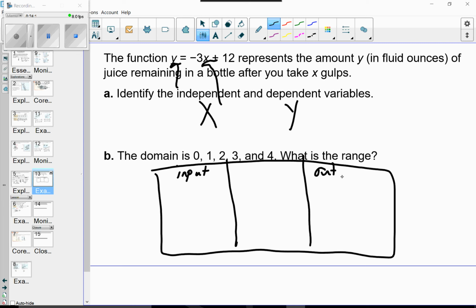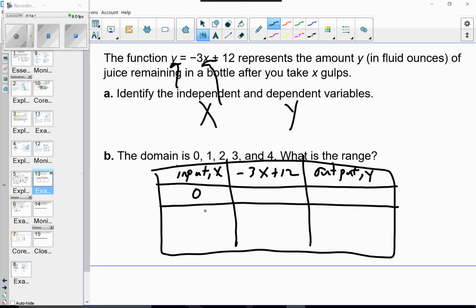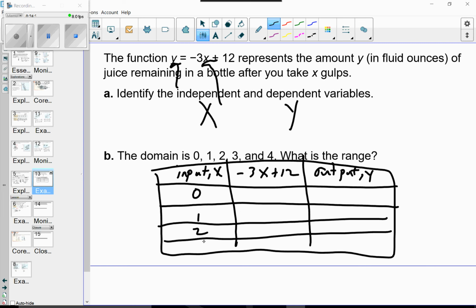Again, remember, input is x, output is y. And over here, it's just going to be our equation, our function, -3x plus 12. So we are going to put in a 0, we are going to put in a 1, we are going to put in a 2, we're going to put in a 3, and way down here, we're going to put in a 4. So sorry for the very sloppy table. So if I put in a 0 for x, I've got -3 times 0 plus 12.